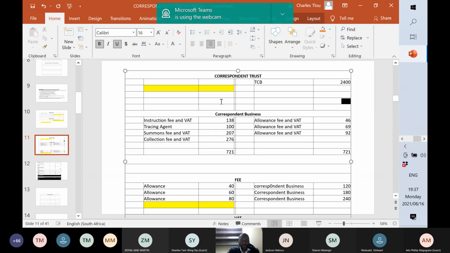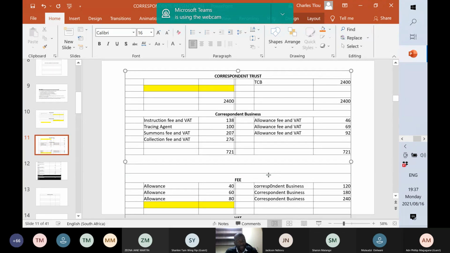The debit side here should be the same amount. We are holding 2,400 rand for this client in trust, and he owes us only 514. That means there is enough money in trust to pay what he owes us in business.